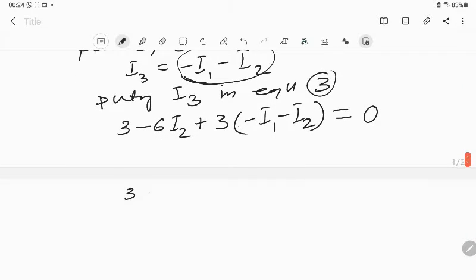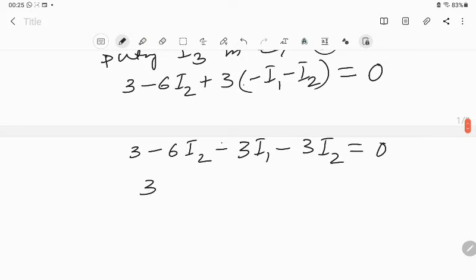So 3 minus 6I2, 3 into minus I1 is minus 3I1, 3 into minus I2 is minus 3I2, equal to 0.